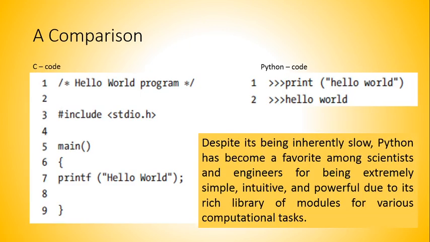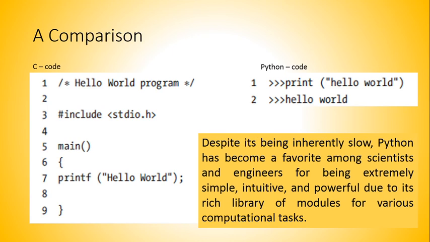A comparison between a C code and Python code has been shown here. Please take a look over this code for a few minutes. In the case of compiled languages, a compiler translates the human-readable code into machine-readable code, assembly language.